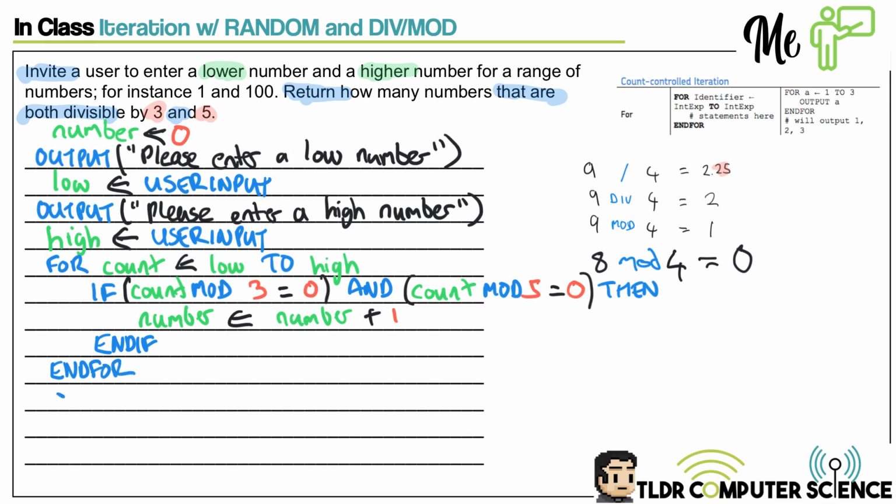I output number. If I wanted to make it more presentable, I could string concatenate something on. So I could say, I'm going to make the real effort right now, there are plus... what would I plus? Number, not numbers, sorry.